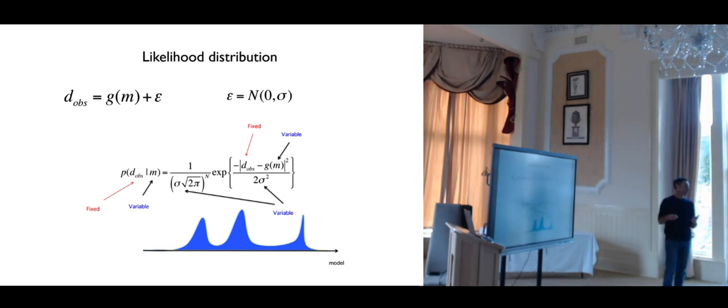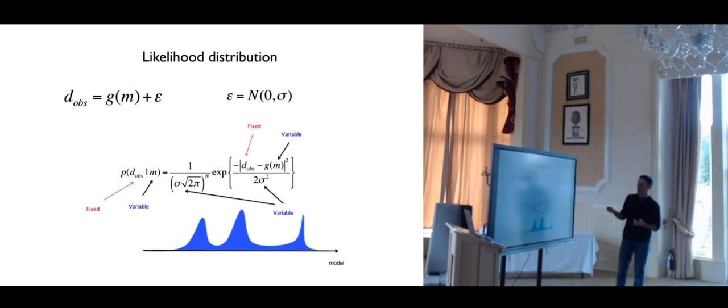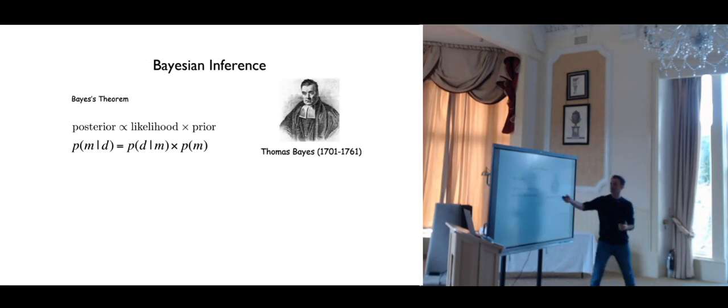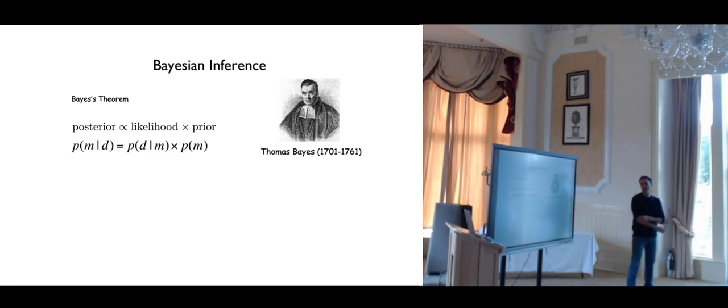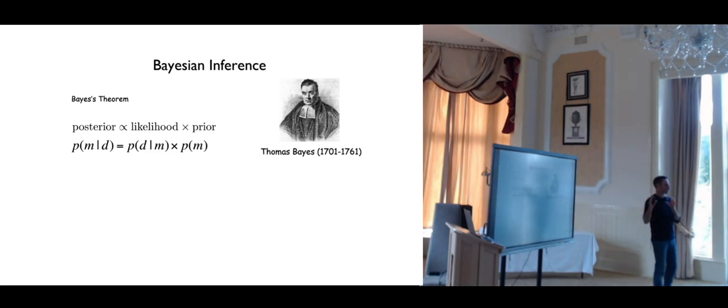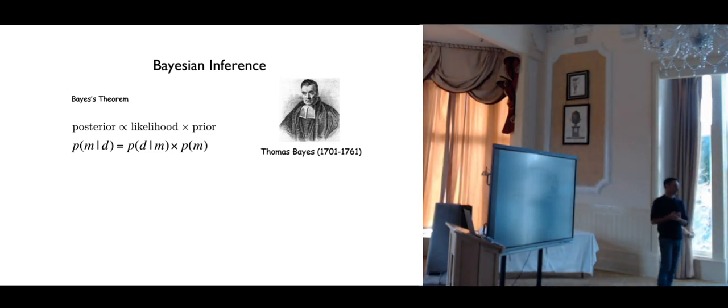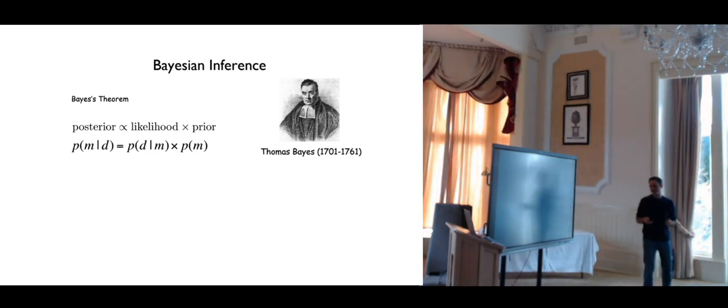And to penalize overly complex models, there is the prior distribution. So in a Bayesian inference, we combine this likelihood with the prior. And I'd like to show you here how we can use this prior in a transdimensional framework to prevent us from going to too complex models.